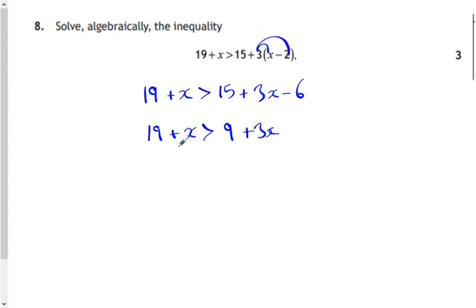I'm going to pull the x's over to the right and the numbers to the left. So take away 9 from both sides and take away x from both sides. Gives me that 10 is greater than 2x, or that 2x is less than 10. Divide both sides by 2 gives me that x is less than 5. Notice that the greater than and less than symbol swapped sides when I moved the x over. I basically swapped the entire thing around.